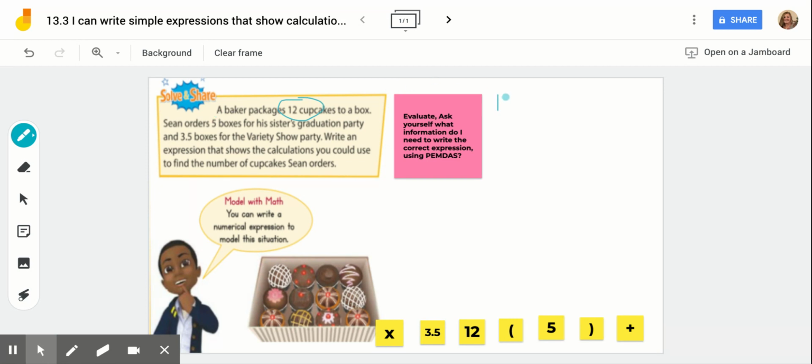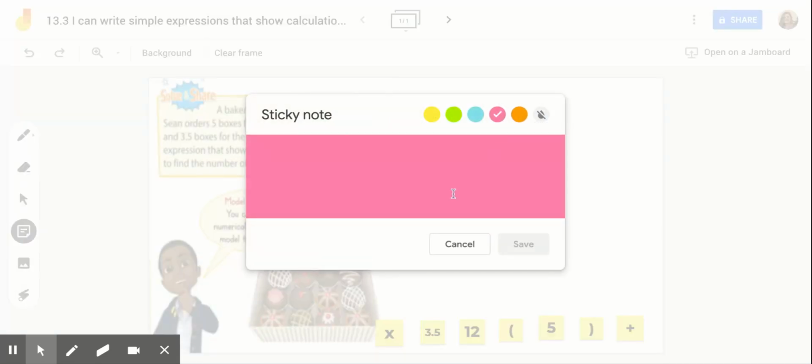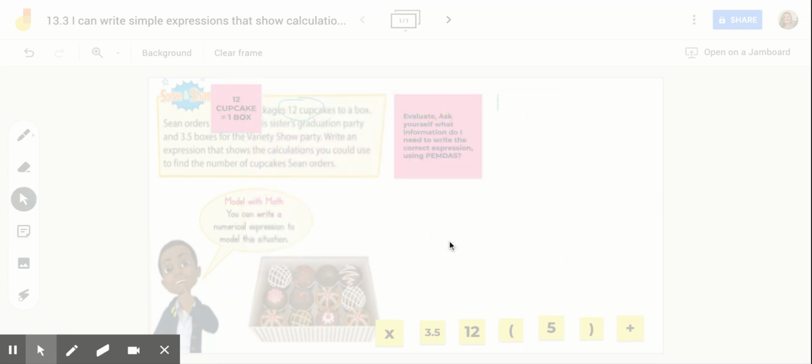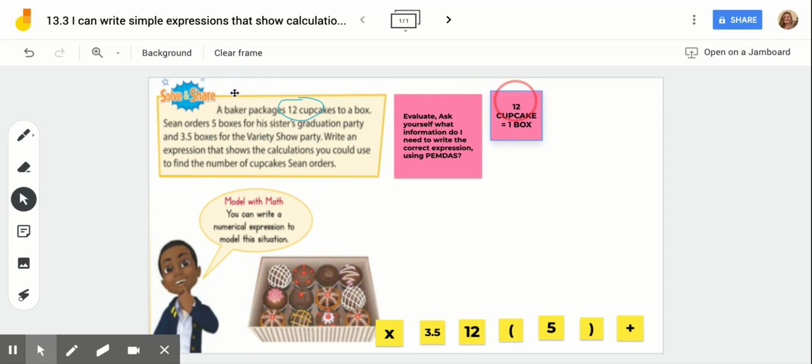Let me text that out. I know there's 12 cupcakes in one box. Put that information right there.